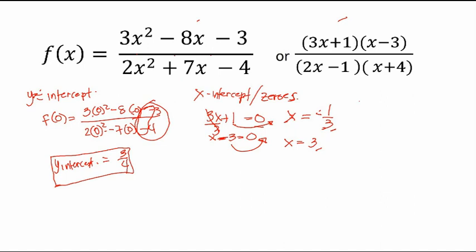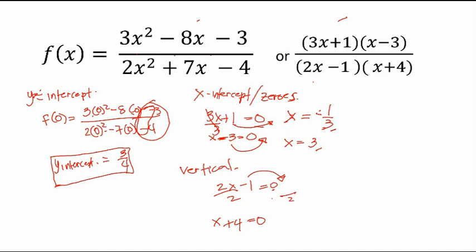Next, to find the vertical asymptote, kunin mo naman si denominator. So, you have 2x minus 1, i-set pa siya sa 0. Si x plus 4, equate mo din siya sa 0. So, 2x minus 1 is equal to 0. Then, transpose, divided by 2.